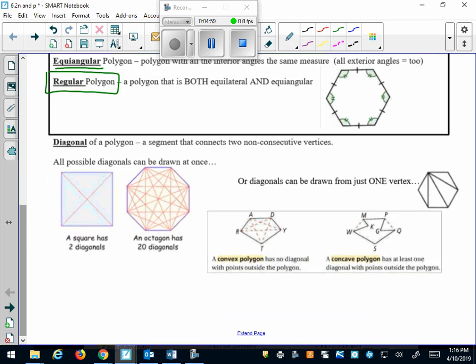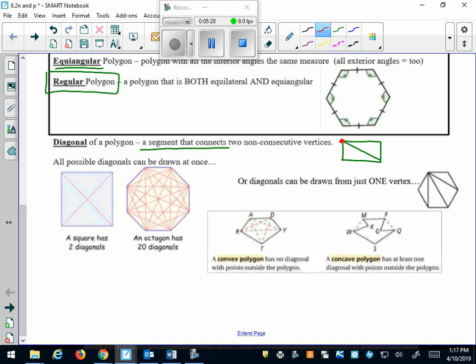Okay, a diagonal. Again, this is a word you've heard before. You've probably drawn the diagonal of a rectangle before. But by definition, a diagonal of a polygon is a segment that connects two non-consecutive vertices.